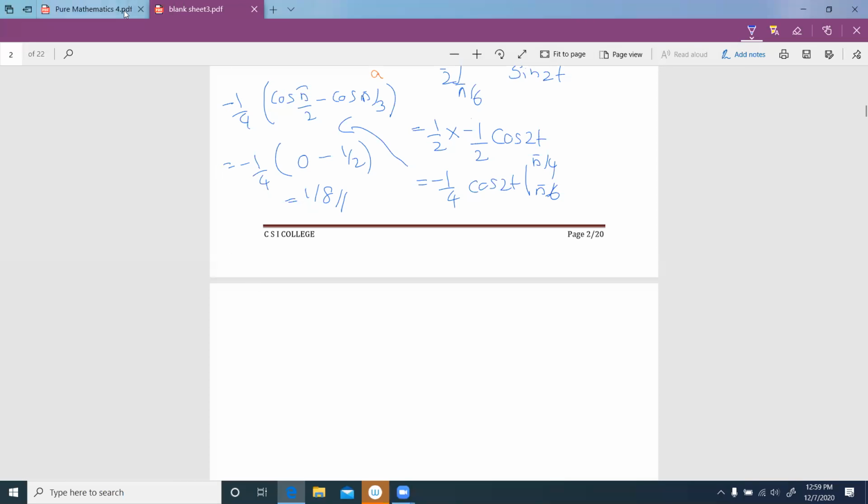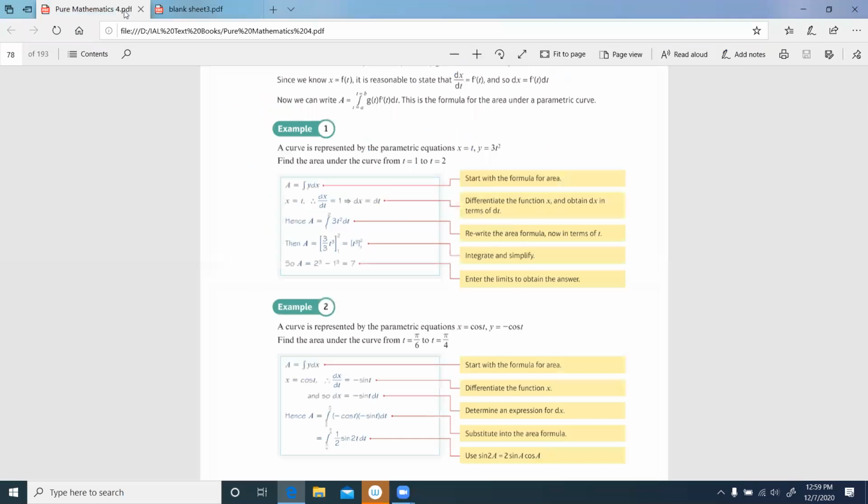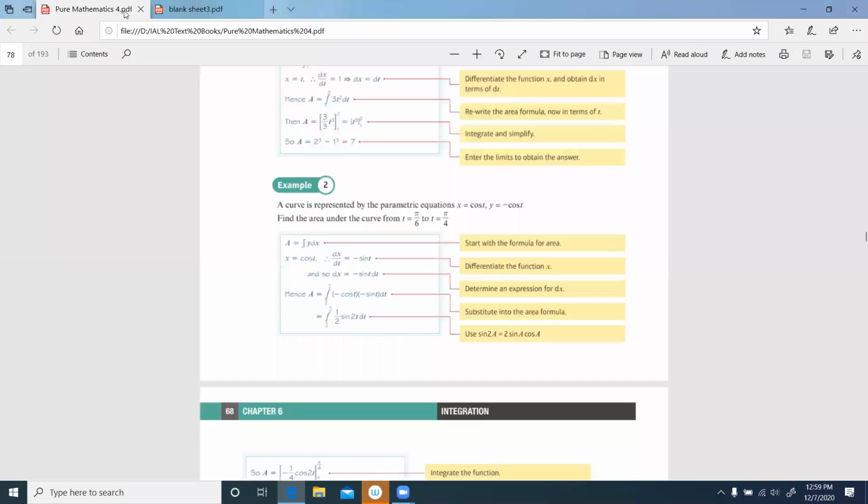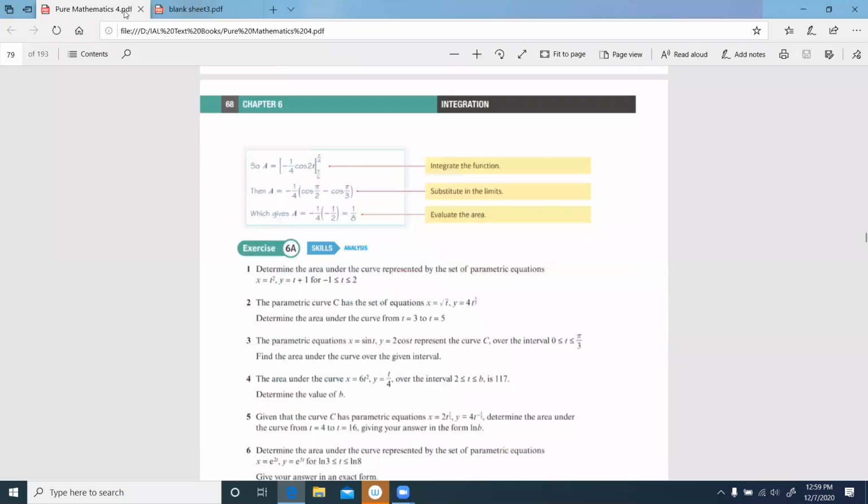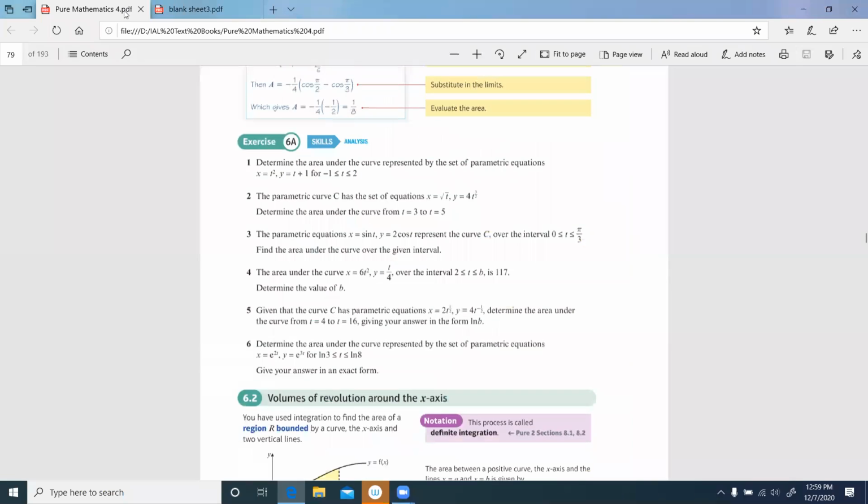Right. The next question, what they want is, here they have given x equals to t squared and y equals to t plus 1.